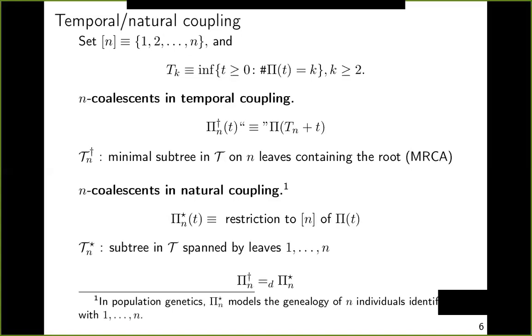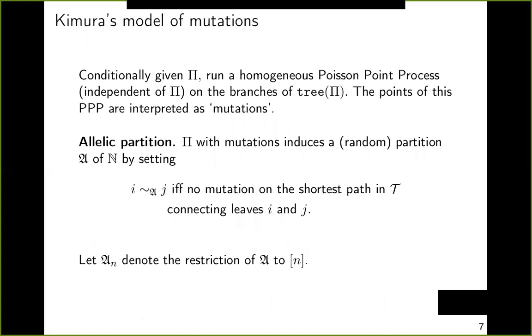So we have two different couplings of objects that individually are equal in distribution. Now on top of the coalescent, we're going to run a Poisson point process, which is independent of the coalescent, and it puts down points on the branches of the coalescent tree, each of which we interpret as a mutation.